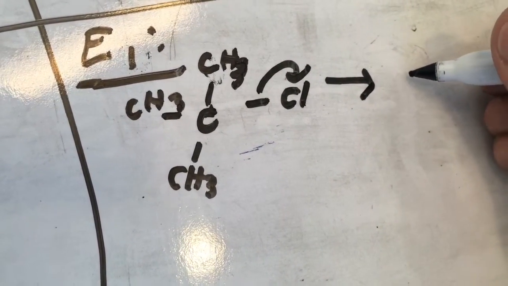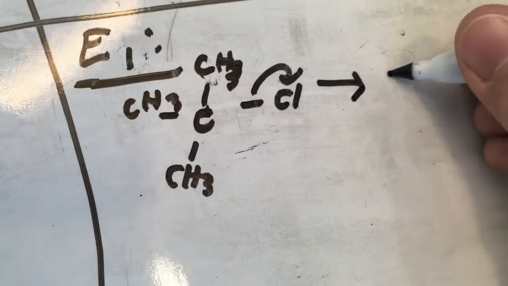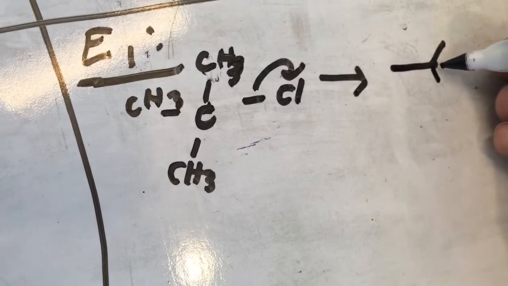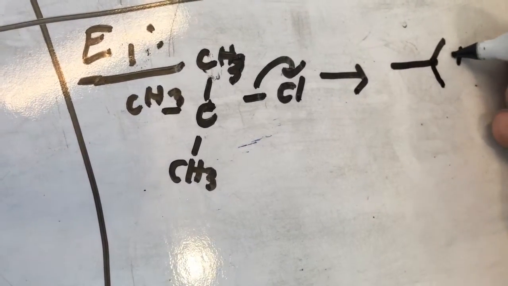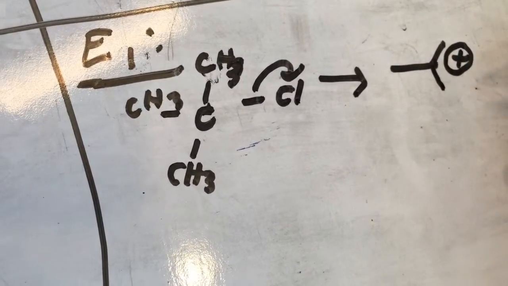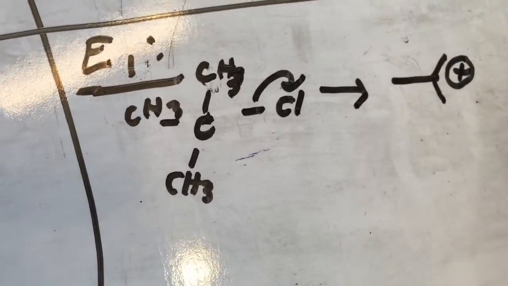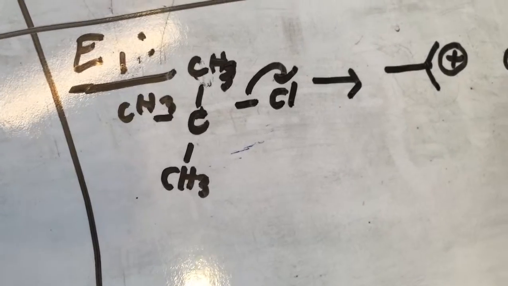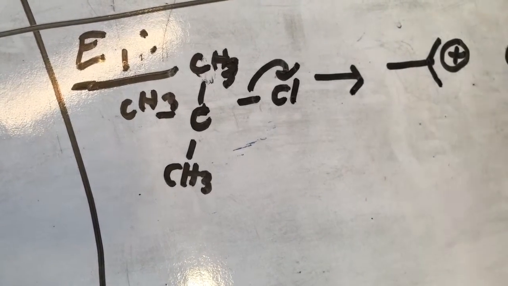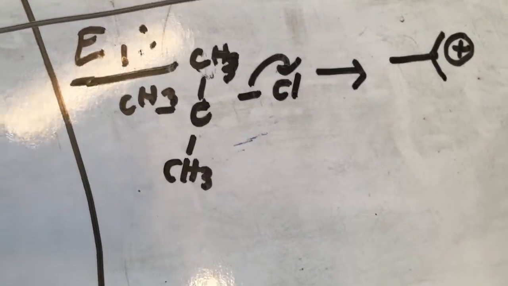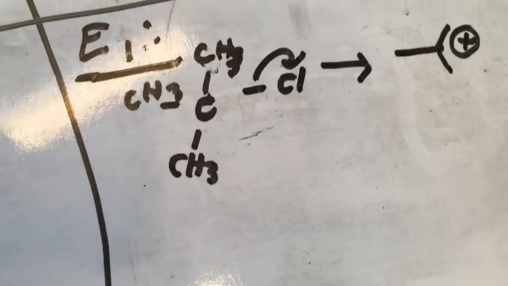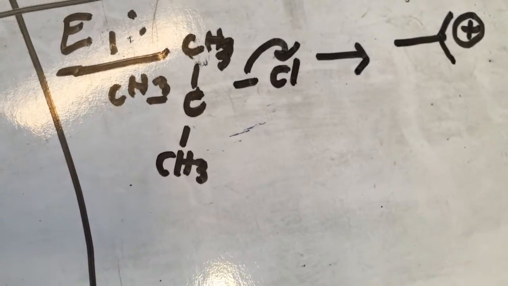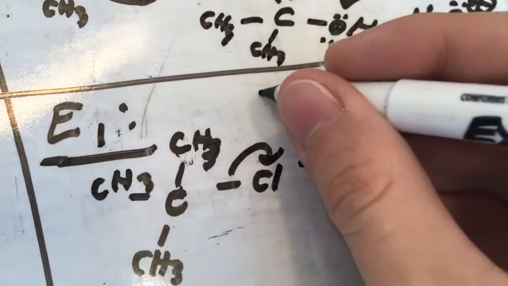I'm tired of drawing CH3, so you guys know what that means. And we have our Cl minus. This is the leaving group leaving. That's the first step. So it's basically bond heterolysis again. And now our second step is just deprotonation. Let me write that out.